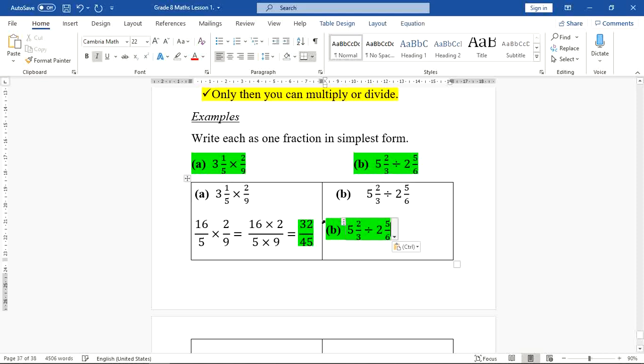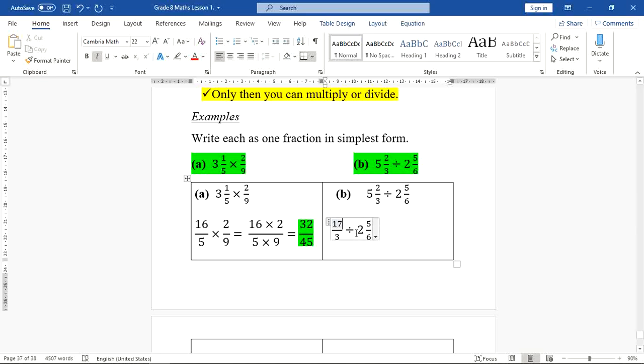Just get rid of this, and then I don't want any shading. Okay, so we need to say 5 times 3, that will give us 15. 15 plus 2 will give us 17.